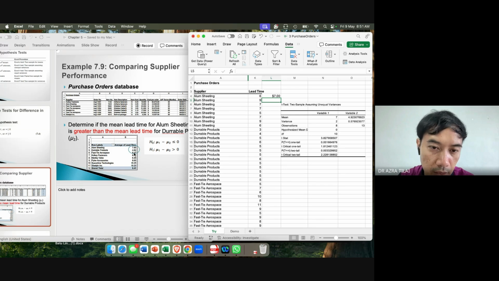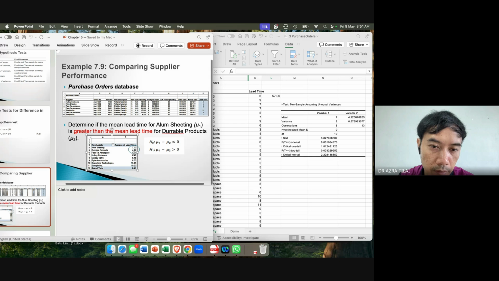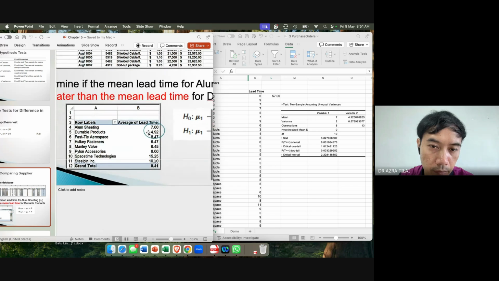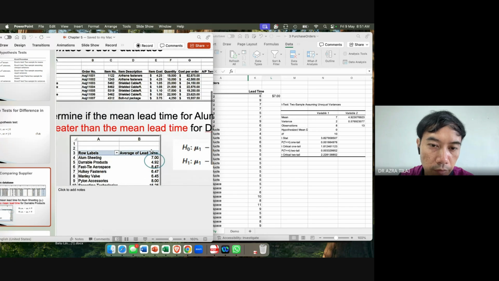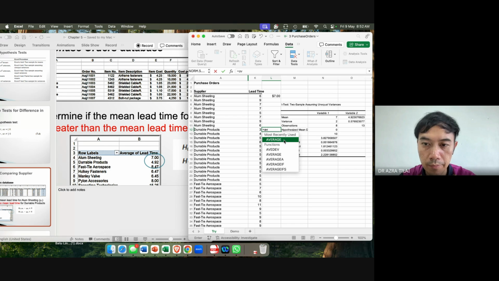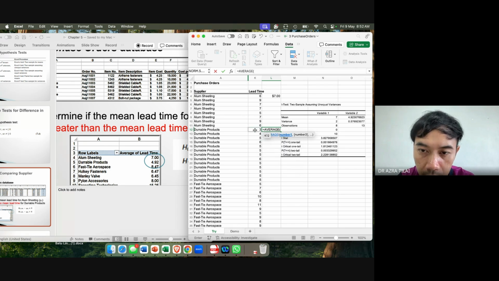And then over here, okay, 4.92. So for durable products, average for this one, all the durable products. Close bracket is 4.9. So you have these two. Okay.